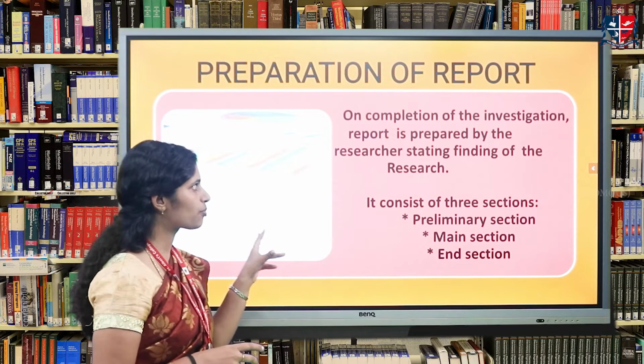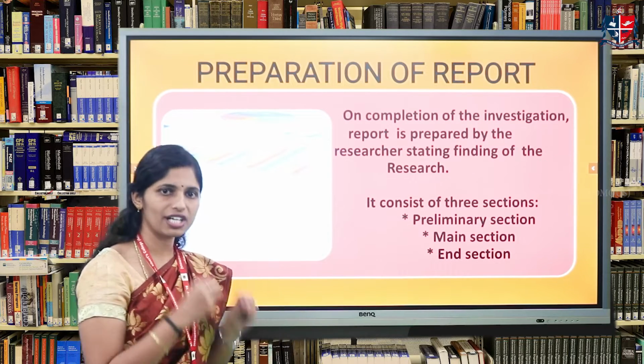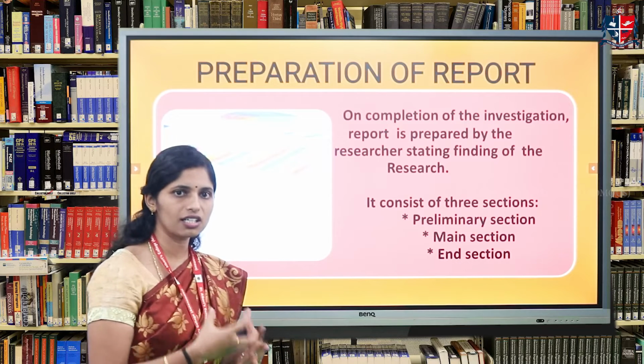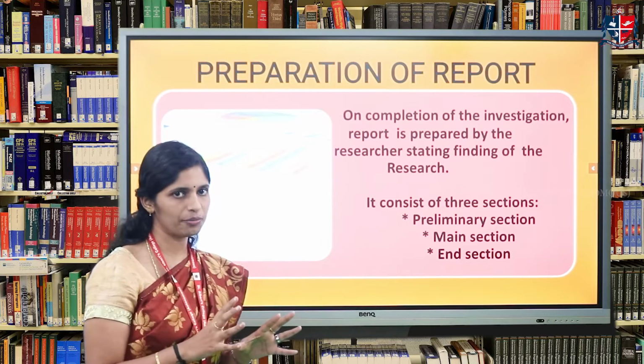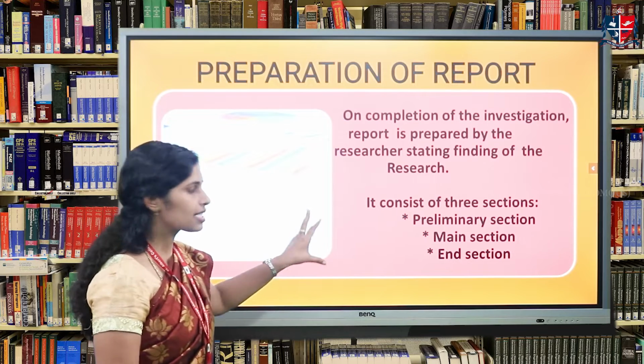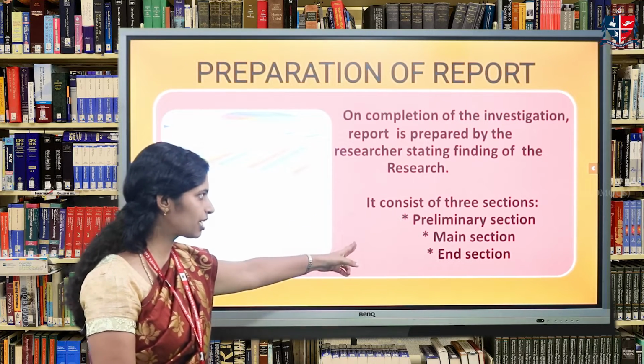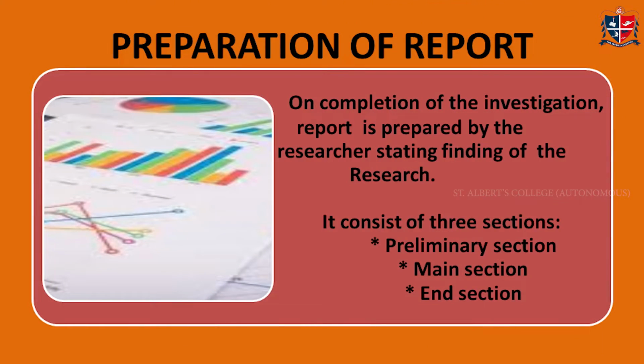So in this report, each and every activity collected or analyzed or concluded is documented in a systematic and orderly manner. This report consists of three basic sections, namely preliminary section, main section, and end section.